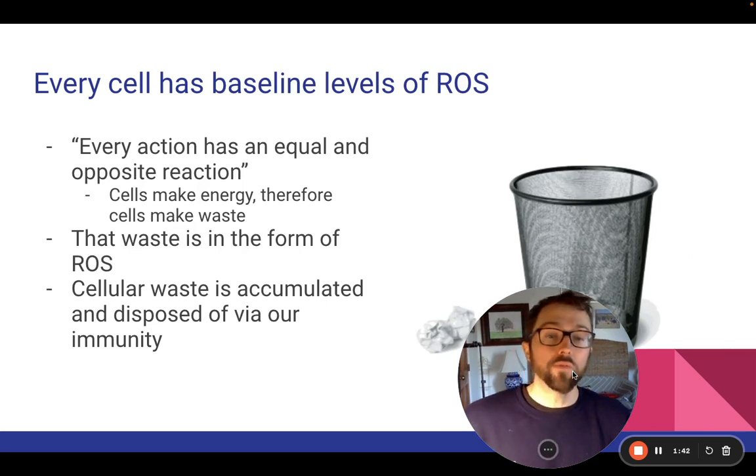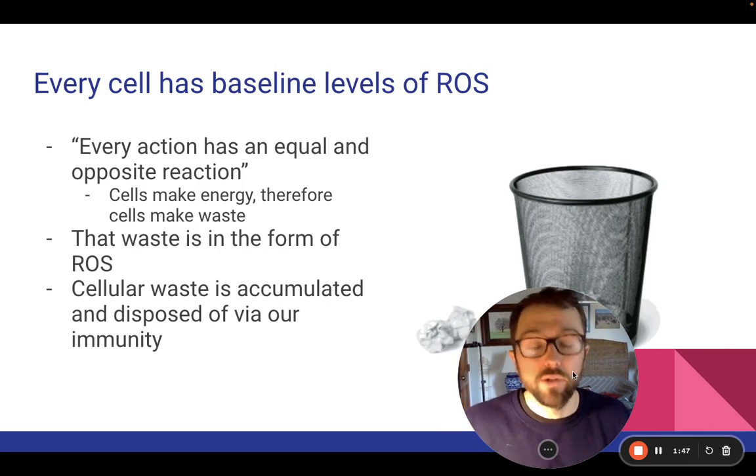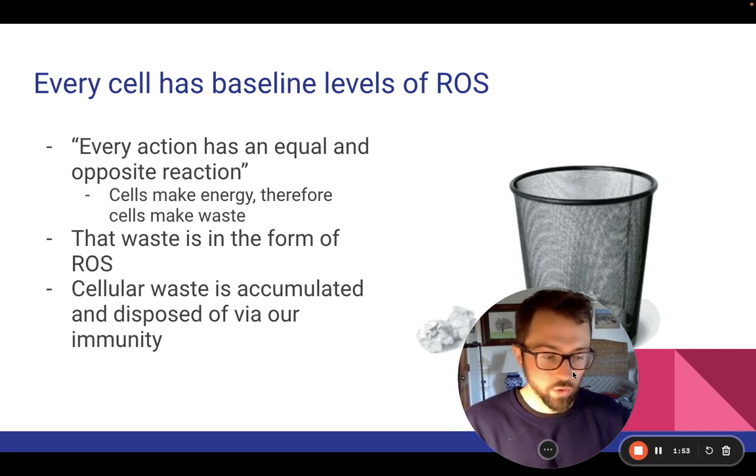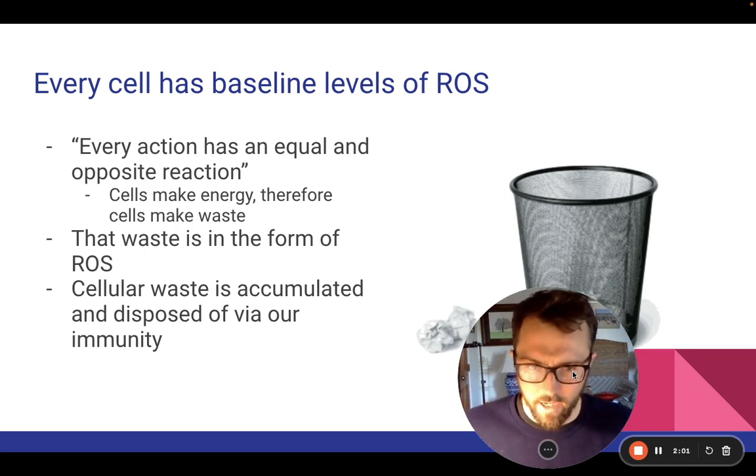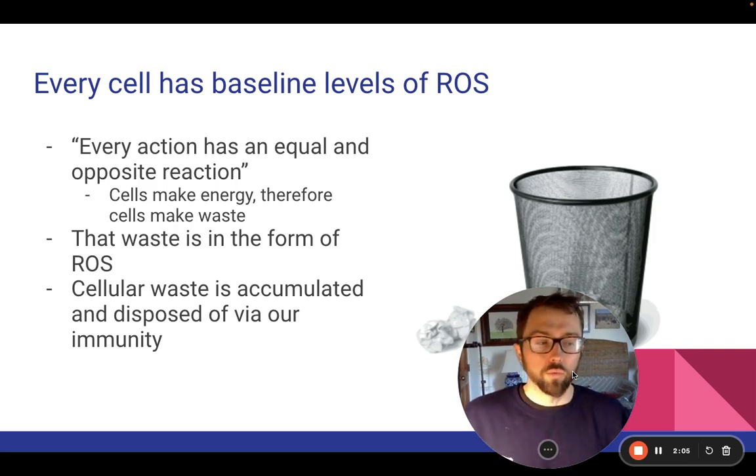One of the most important aspects that you have to know coming into this, and seeing how iron uses ROS to make more ROS, is understanding that reactive oxygen species are everywhere in the cell. And that's not necessarily a bad thing. I've got there that quote, every action has an equal and opposite reaction.